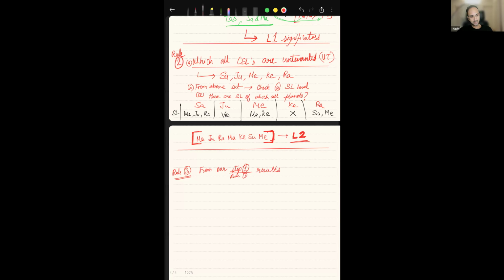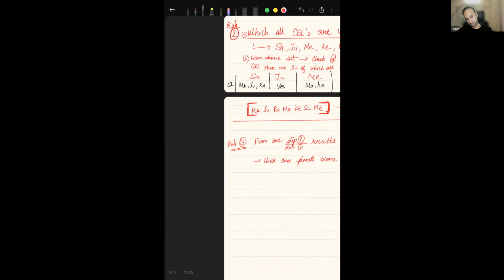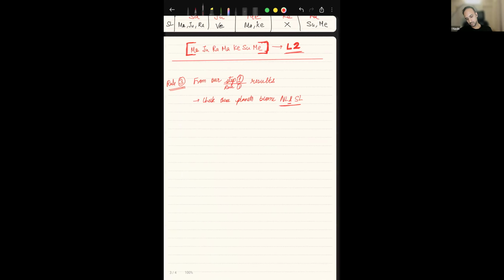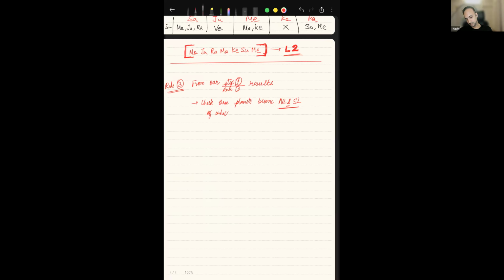We need to check these nets that become NL and SL. The condition is very important. NL and SL of which all other planets? Can you find this from this chart here and tell me?